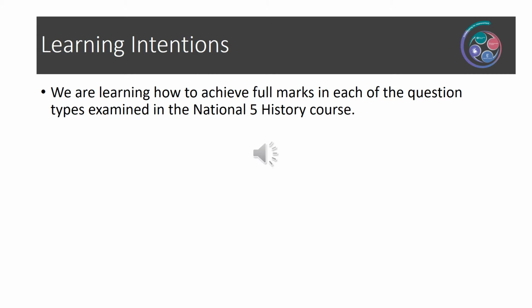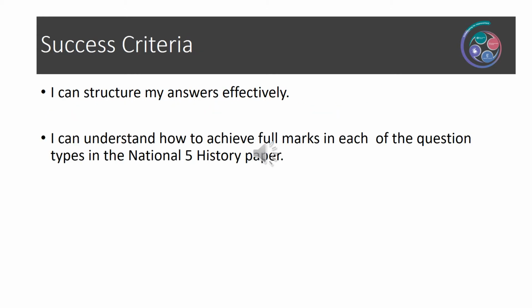Our learning intentions for today are that we are learning how to achieve full marks in each of the question types examined in the National 5 History course. Your success criteria for today is that I can structure my answers effectively and I can understand how to achieve full marks in each of the question types in the National 5 paper.